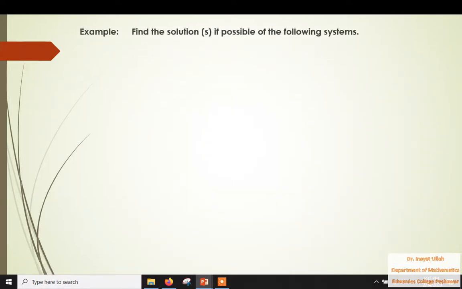This example is very important because in this example we'll study whether the solution of equations is possible or not. Find the solution, if possible, of the following system of equations. There are two questions.